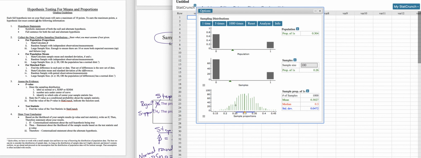So it's much easier to get evidence to reject your null hypothesis, to support your alternate hypothesis, when you have a big sample size. It really brings out those differences between what our baseline value is and then what we're getting in our sample. All right, that really is the end of this mod.